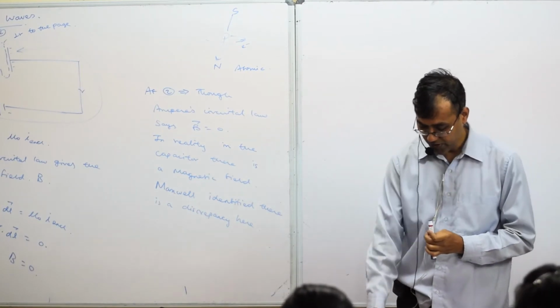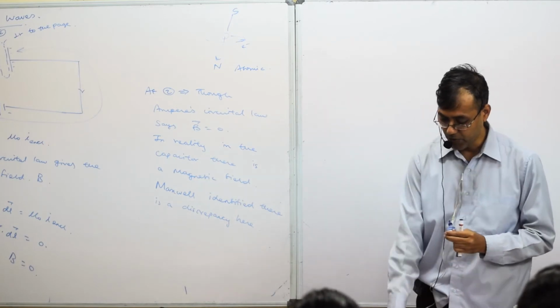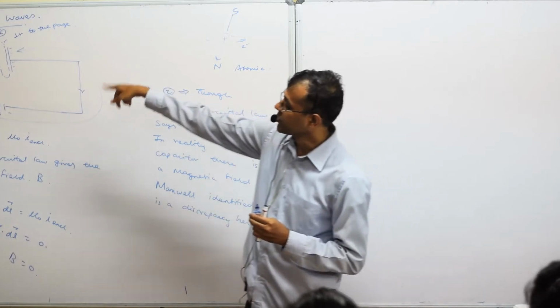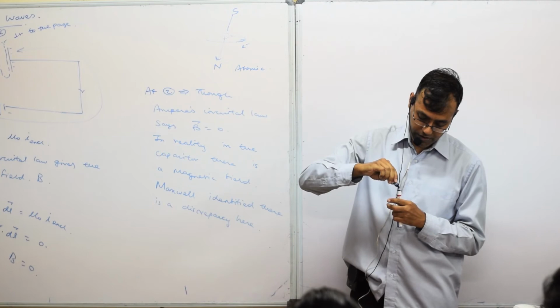So what he said was there is something wrong in Ampere's circuital law, or maybe it works for the wire, but it doesn't work in the capacitor region. So he said that it needs some modification.